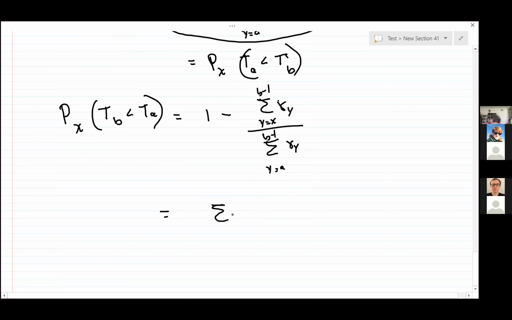The summation of all the gamma y from y equal a to b minus 1. And then you'd be subtracting off all the gamma y given by this from y equals x to b minus 1. And on the bottom, you would just have the common denominator, which is this guy.